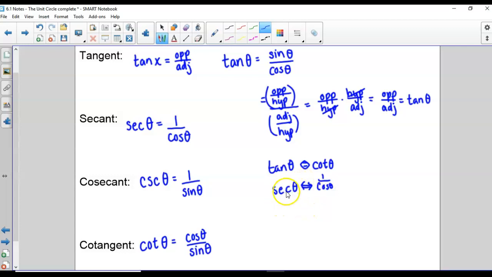And then if secant is 1 over cosine, then cosecant has a co, so it's got to go with the one that doesn't have a co. So it's got to go with 1 over sine theta. So cosecant can't go with cosine because that would be 2 co's together. We can't have that.